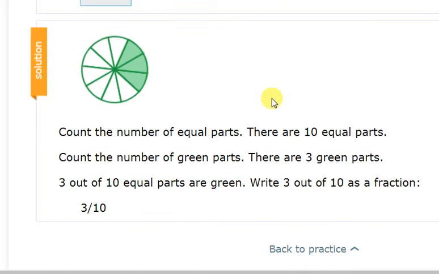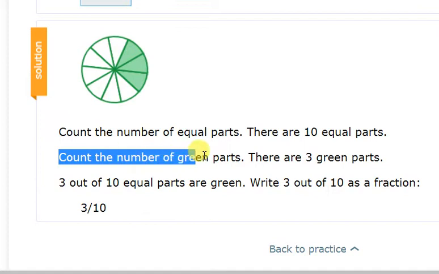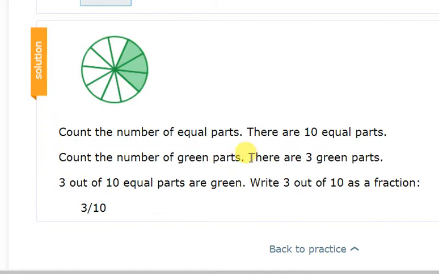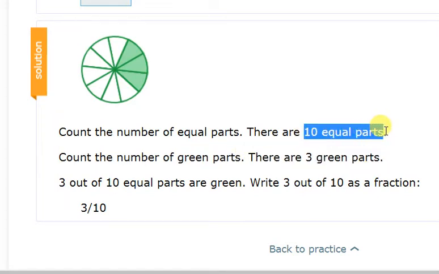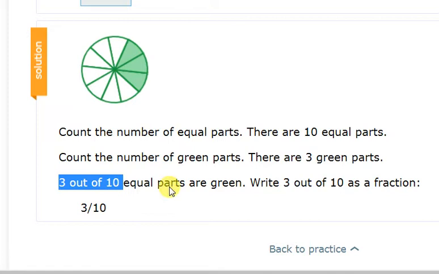So we have to count the number of equal pieces that are green, right? Let's count together. 1, 2, 3. So we have 3 green parts out of a total of 10 parts. So we can simply say that we have 3 out of 10 equal parts that are green, right?